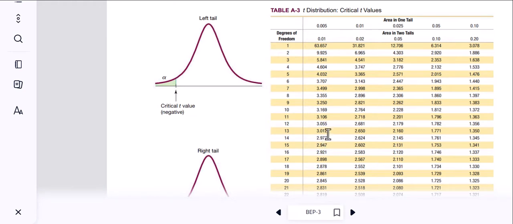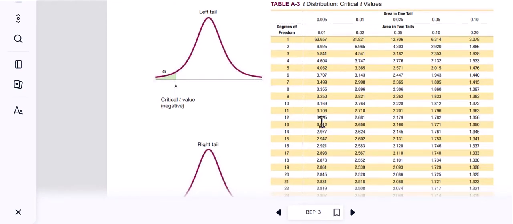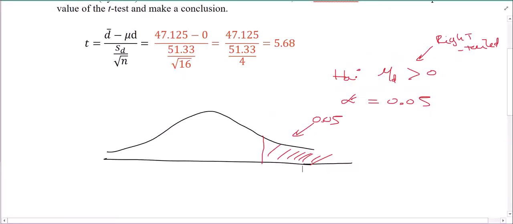So coming over here to the t-table, and we had 16 students, so the degrees of freedom will be 15. And so we're going to go to degrees of freedom 15, and we want 0.05. So it's the 1, 2, 3, the fourth column. So 15 and 0.05. So 1.753 is my critical t value. So 1.753. Let's remember that.